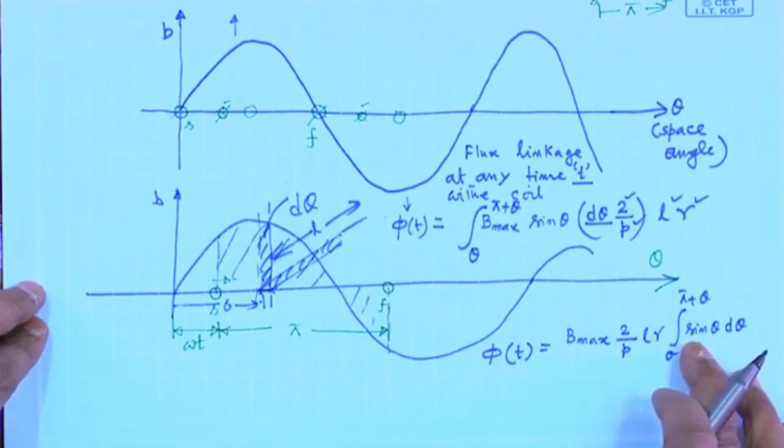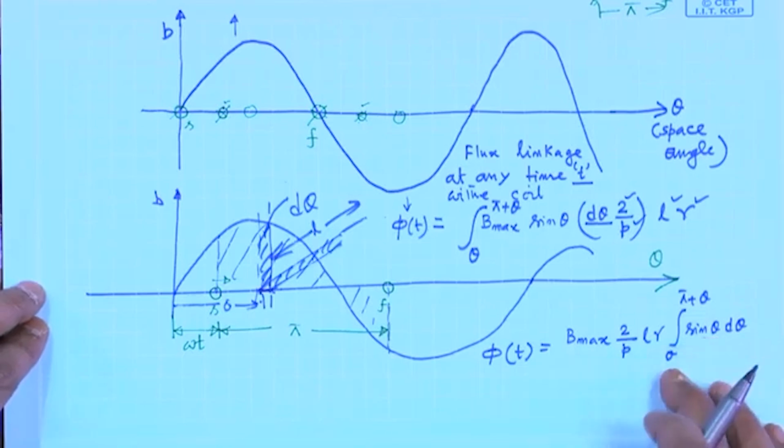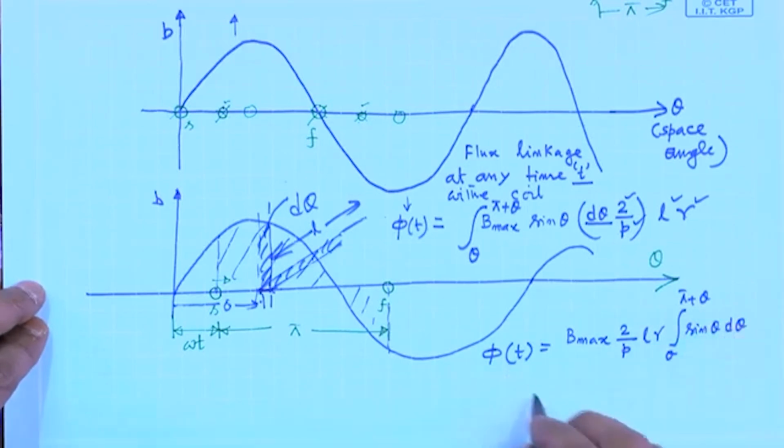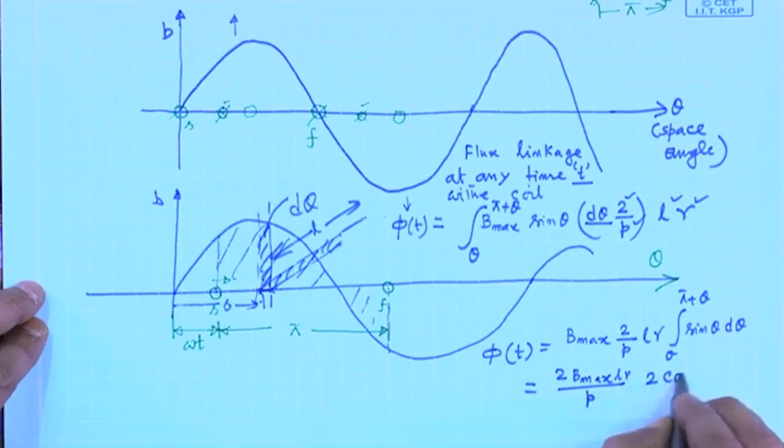And this if you integrate, it will be minus cos theta. So, 2 cos theta it will become. So, it will become equal to 2 B max Lr by P into 2 cos theta. This is theta.